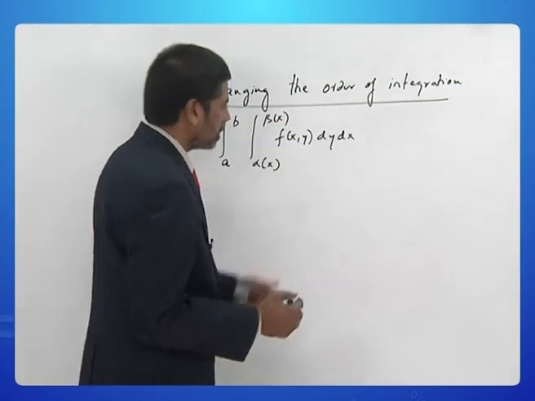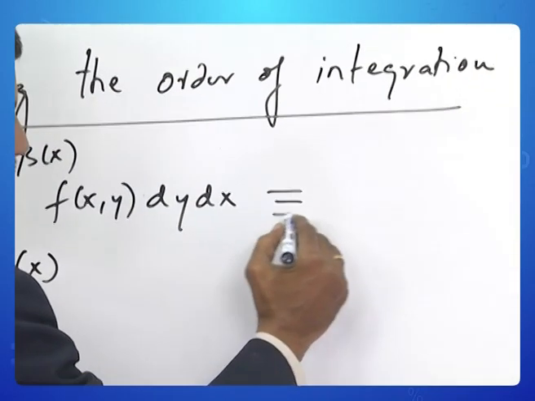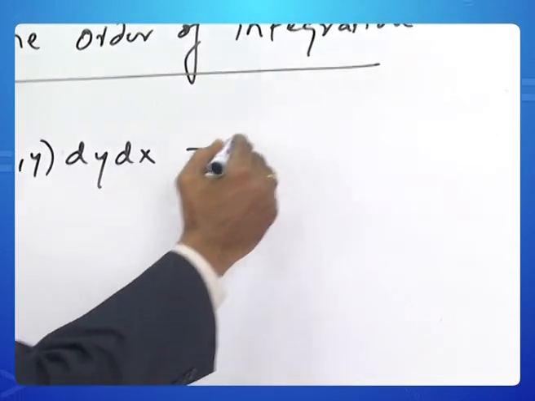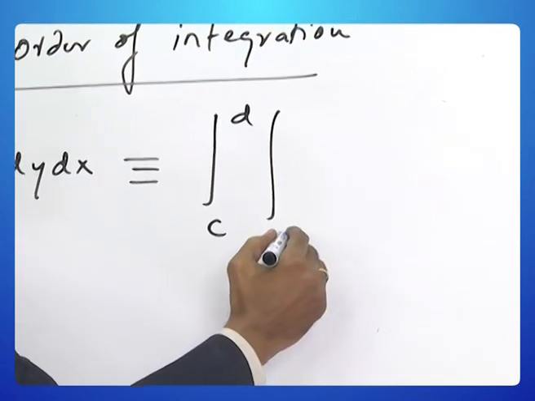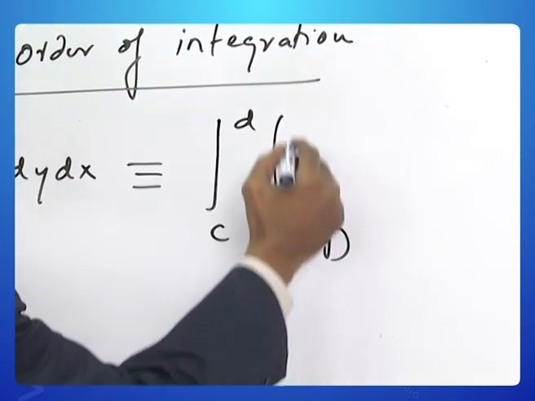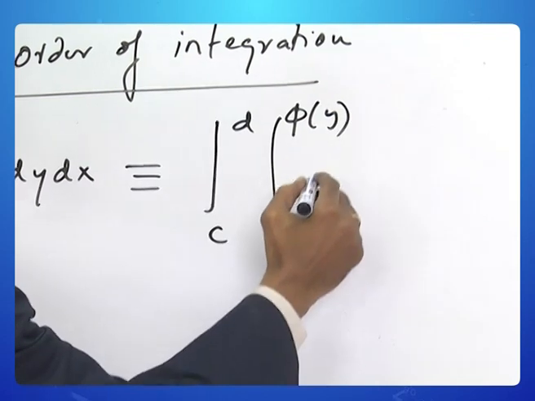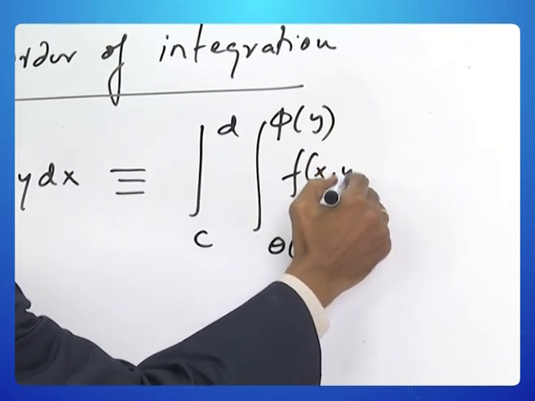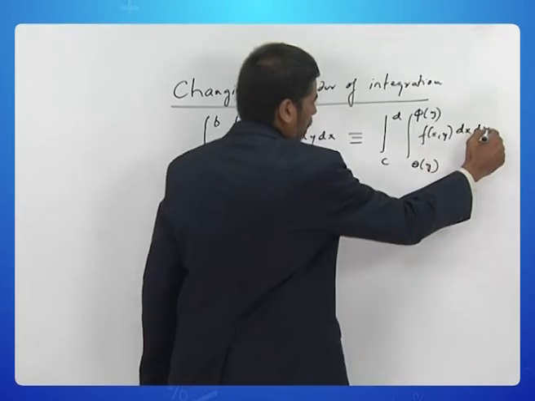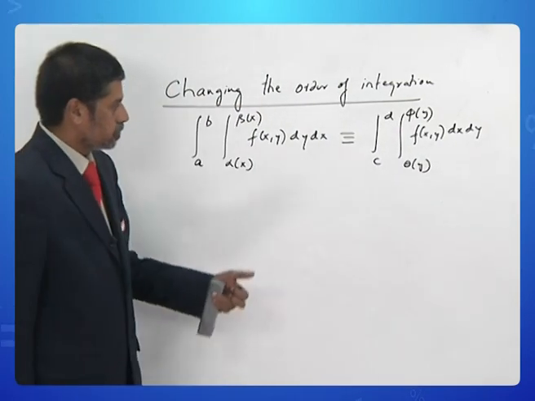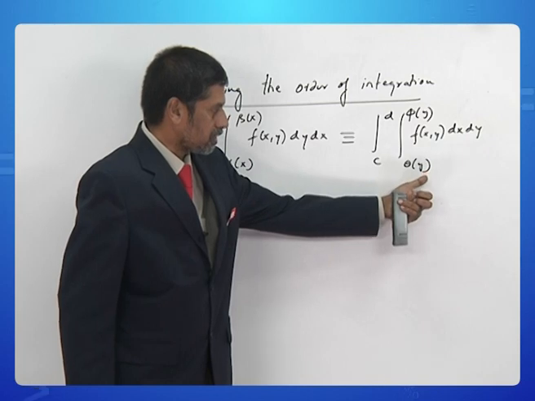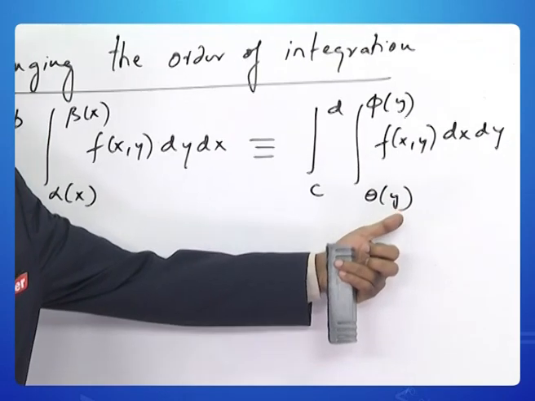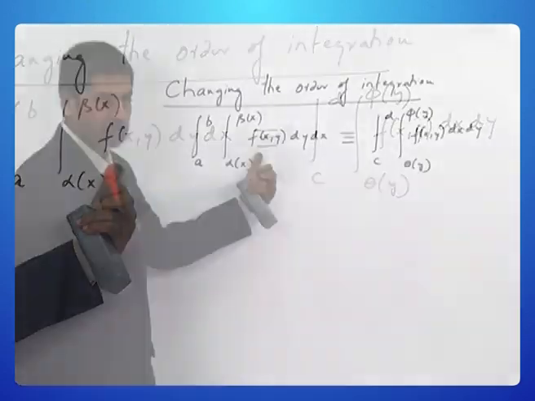So the general idea is to convert this into another double integral like that. So if you cannot do this, you somehow transform like this. If you cannot do this, you somehow transform like this.